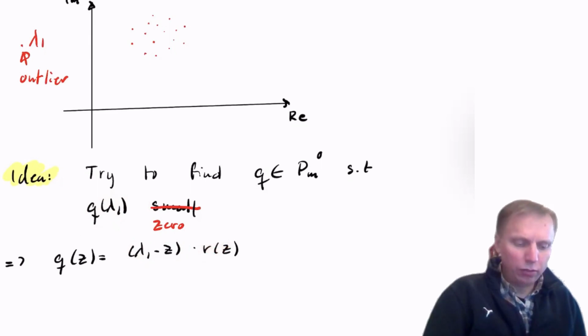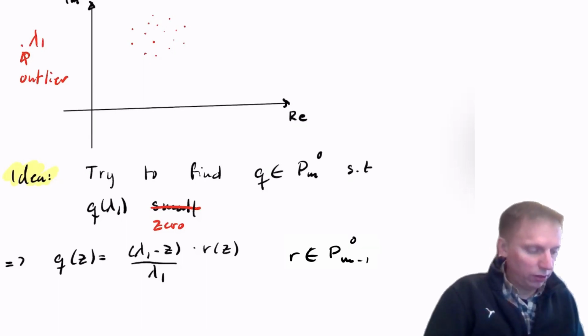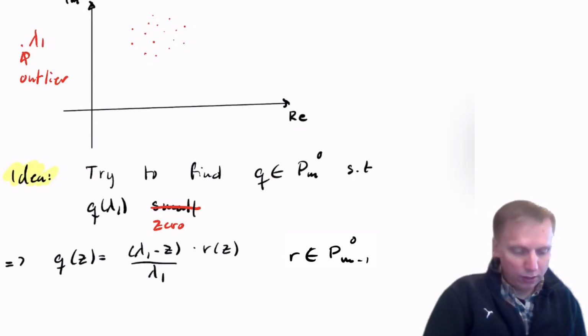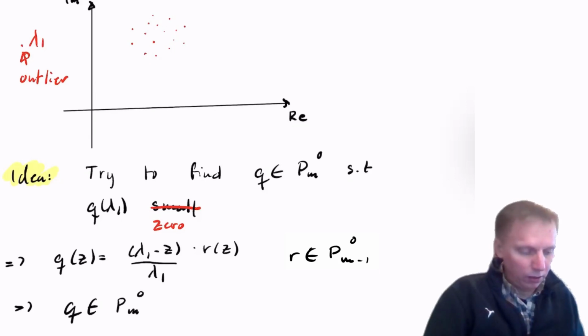We want this polynomial to be normalized, so we divide by lambda 1, and in this way we can also just enforce that r is normalized. So this means that q is in P_m^0 and q of lambda 1 is equal to 0.